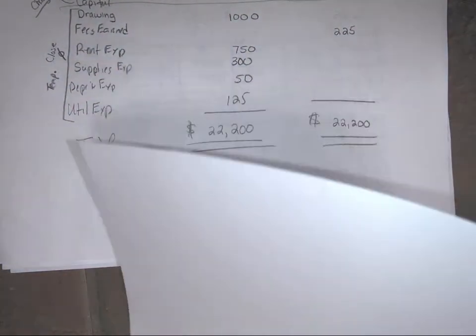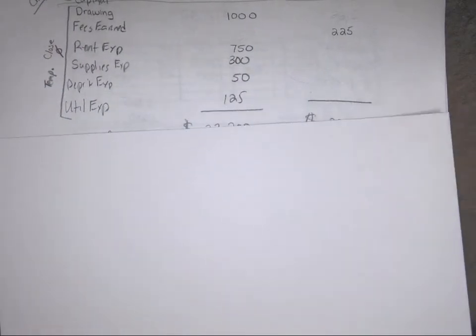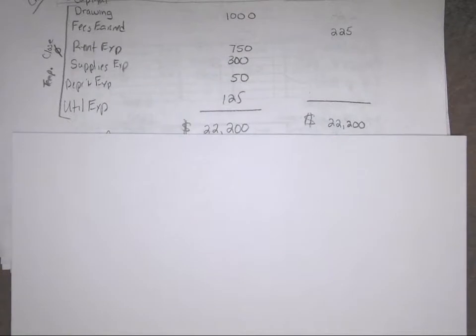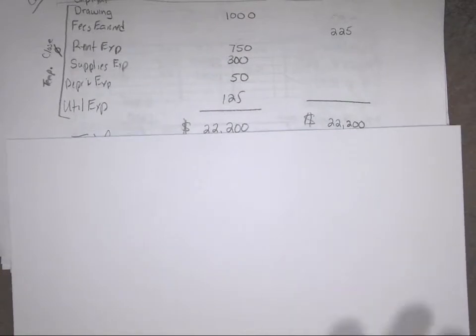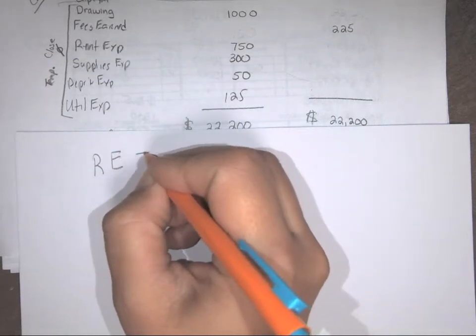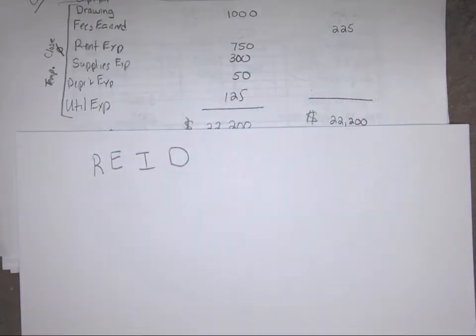And what we have here is we do need to close these temporary accounts. And again, the way we do that is through REID. So that's REID: revenues, expenses, income summary, and drawing.